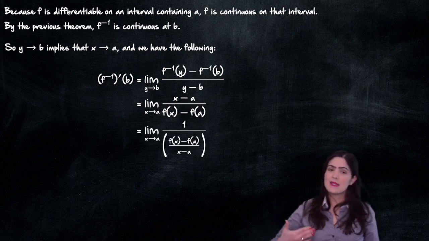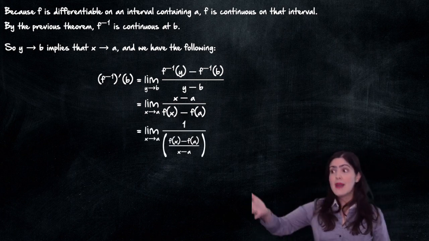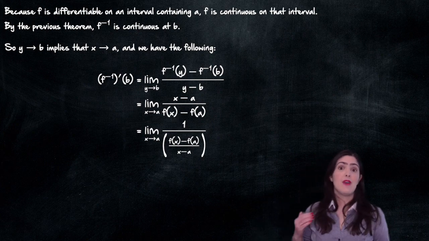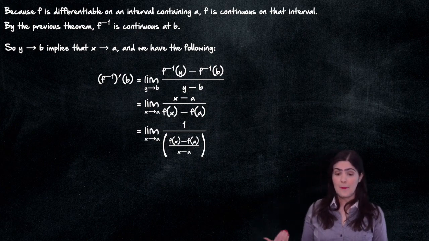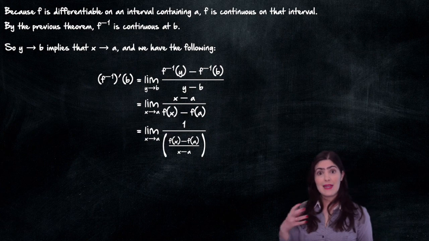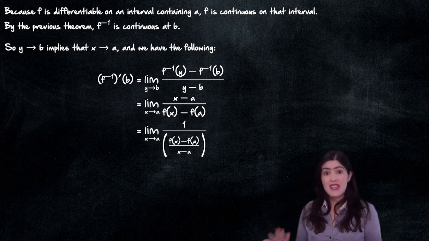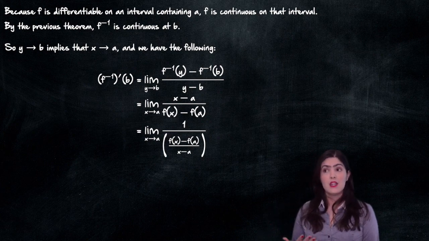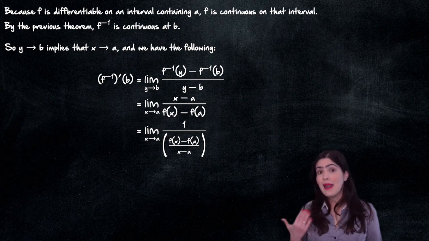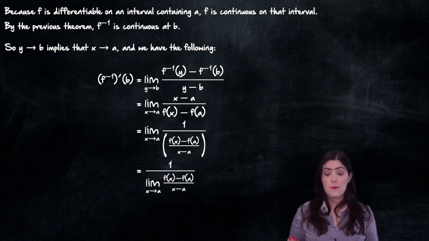So this is the limit as x approaches a of 1 over f of x minus f of a over x minus a. But you see, in the denominator, if I take the limit as x approaches a, that is just f prime of a. So that limit exists, so I am allowed to use the limit laws.